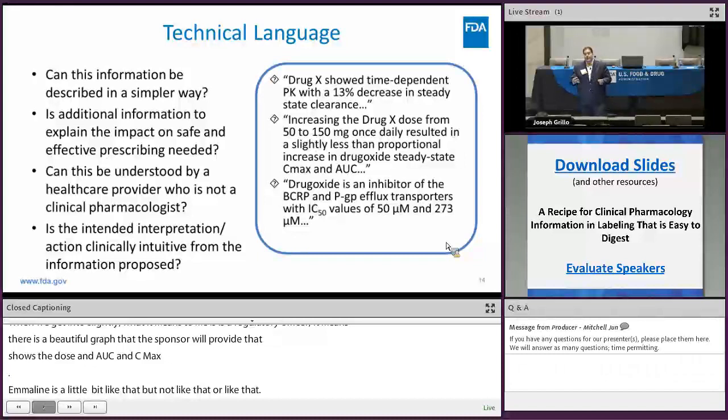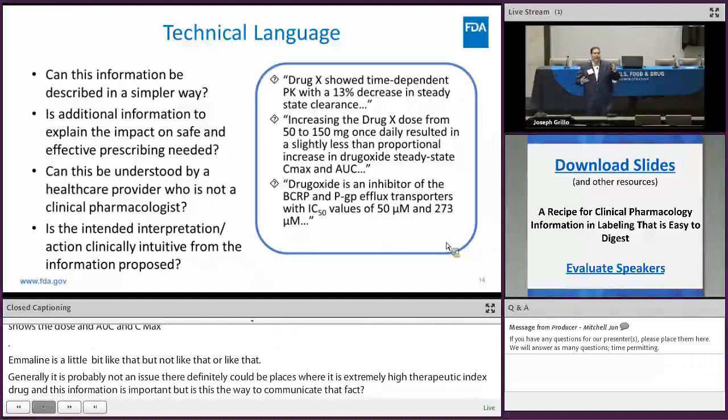So if it is an issue and it affects dosing, and there needs to be a cross-reference from the dosing section to this, then yes, we need to explain it in a different way. But really, are we putting the slightly different just for purposes of completeness, or are we saying it because there is an important reason?